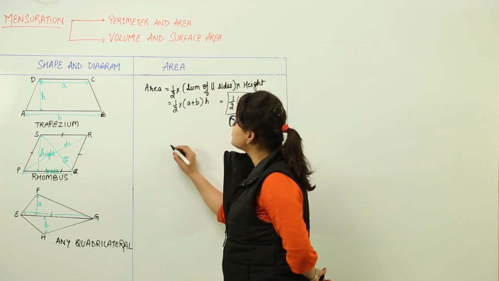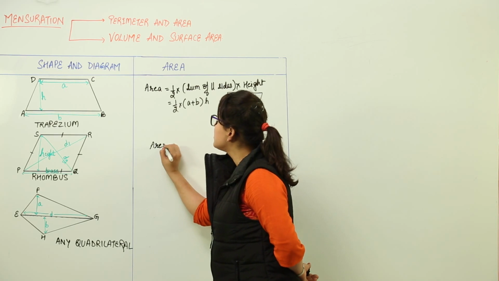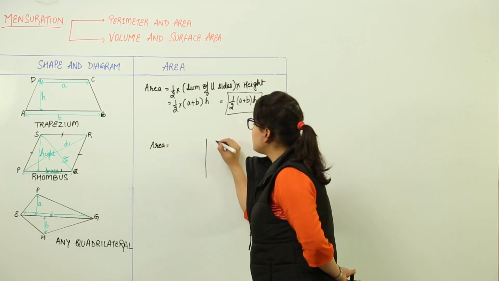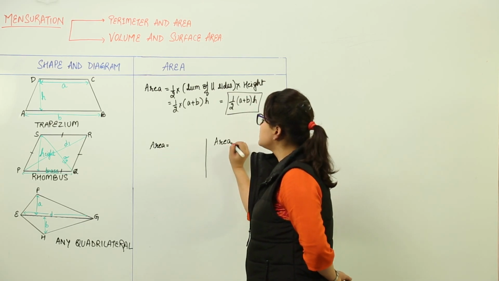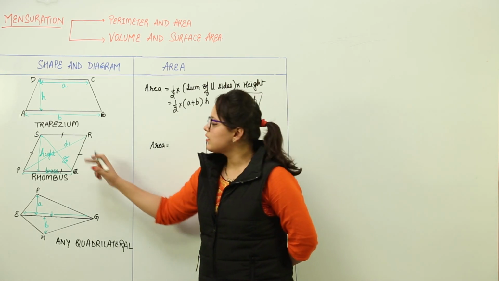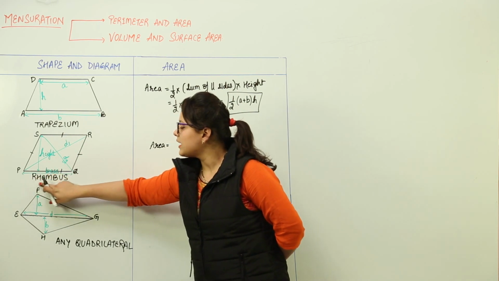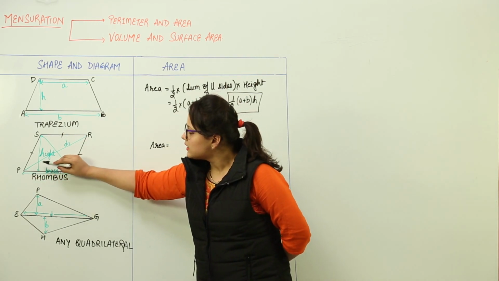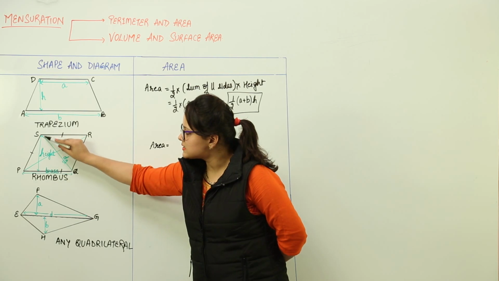Moving on, how to calculate the area of a rhombus? We have two methods, so I am going to write both the formulas. If you have the base of the rhombus and the height of the rhombus. See, if I consider PQ as the base, here is the height for base PQ.